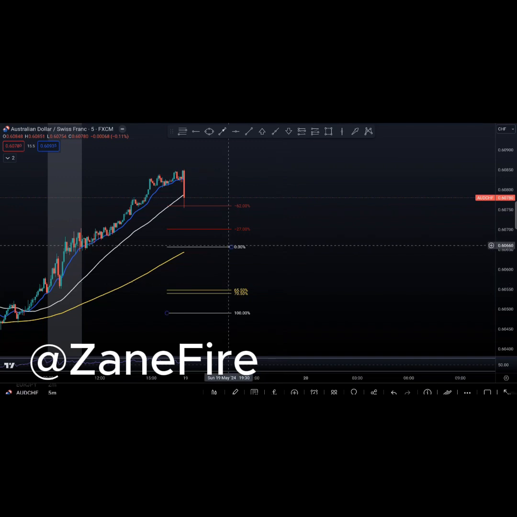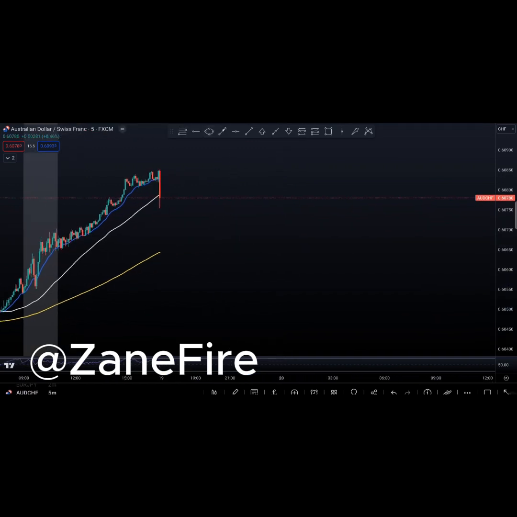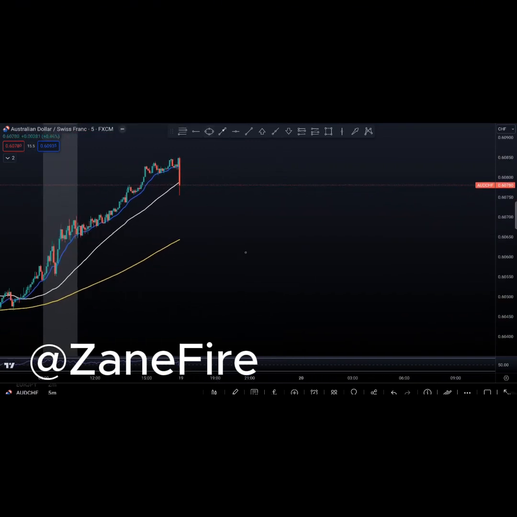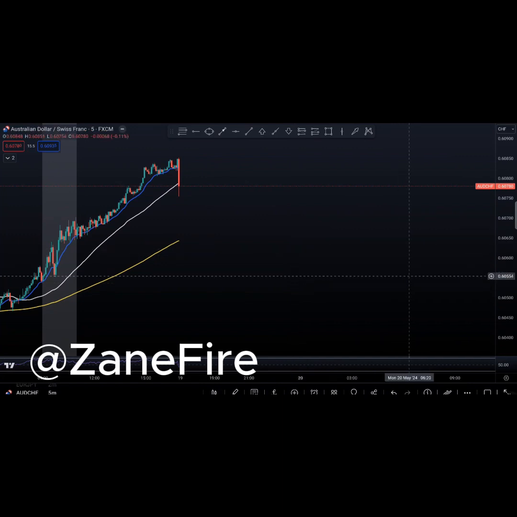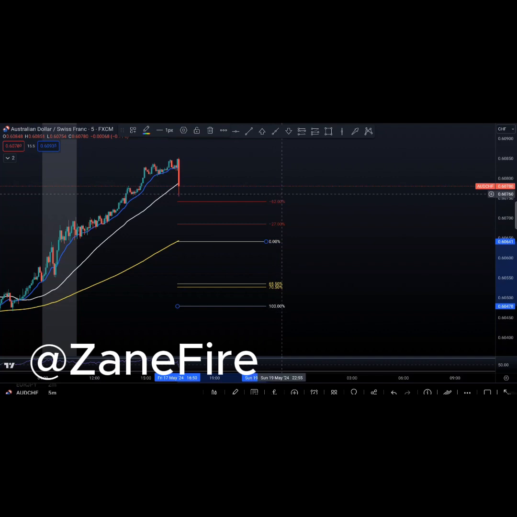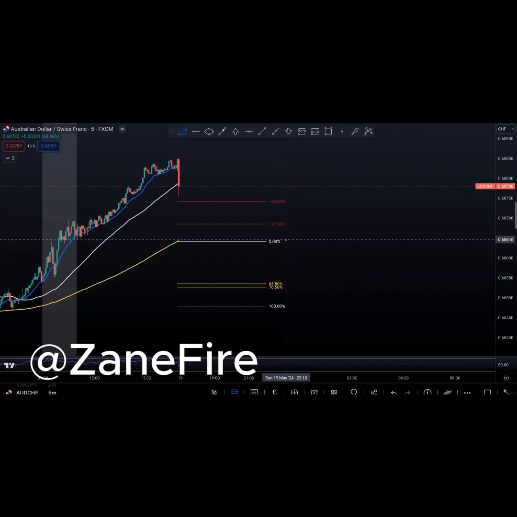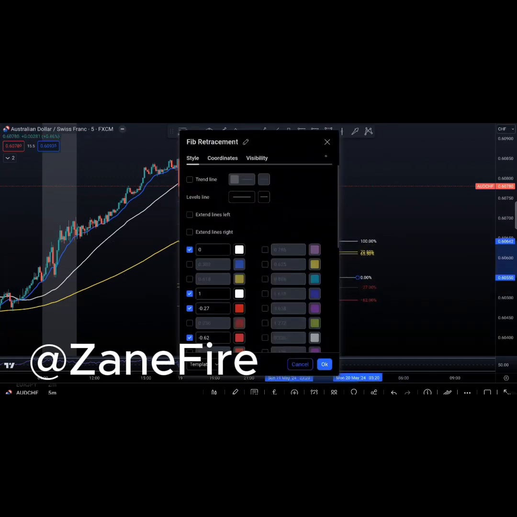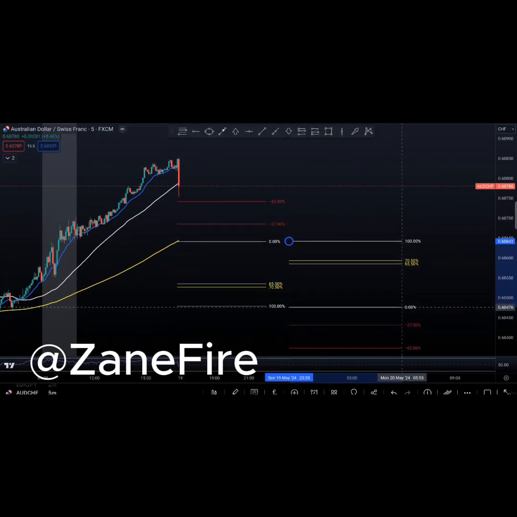Now, since I do have this Fibonacci tool here, let me delete it, and I'm going to show you guys something. I'm also going to show you what it needs to look like for when you're looking for a buy and a sell. So you grab your tool and you want to go from the bottom to the top. You're looking for buys. If you go from the top to the bottom, you are looking for sells.